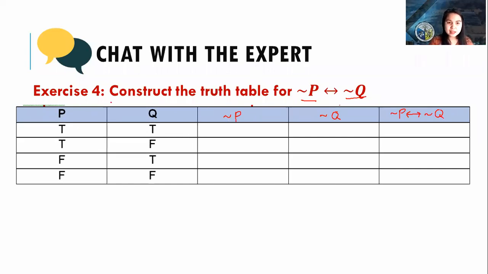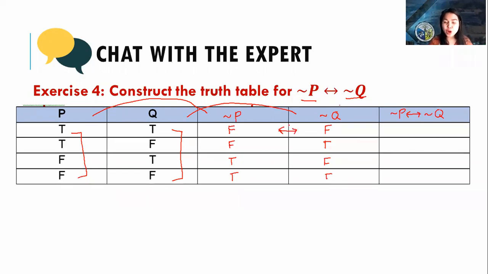So let's make it not P. So false, false, true, true. You just negate this. Next, not Q. Okay, negate this once. False, true, false, true.